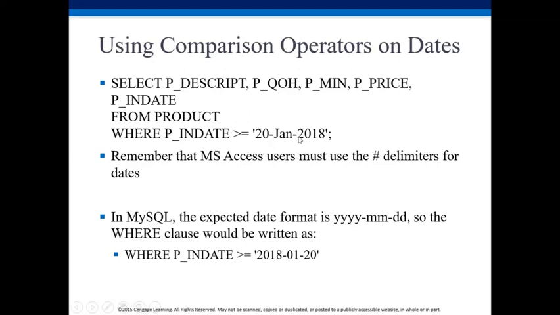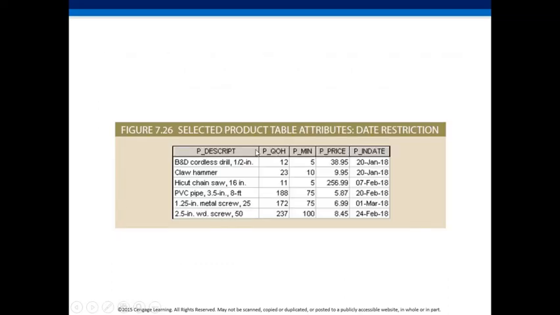I remember this is for MySQL; in MS Access it differs. The format of our date is year-dash-month-dash-date. So here we have the output of the query restricted by date, where the date is greater than or equal to January 18, 2020.